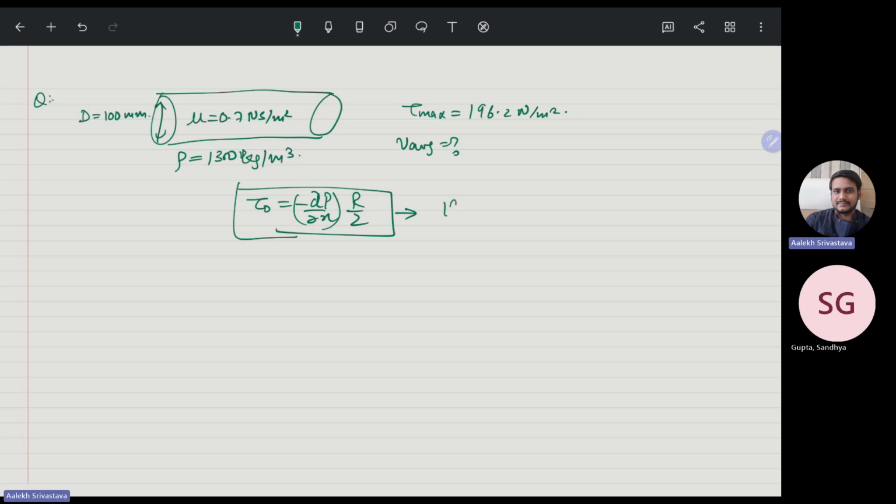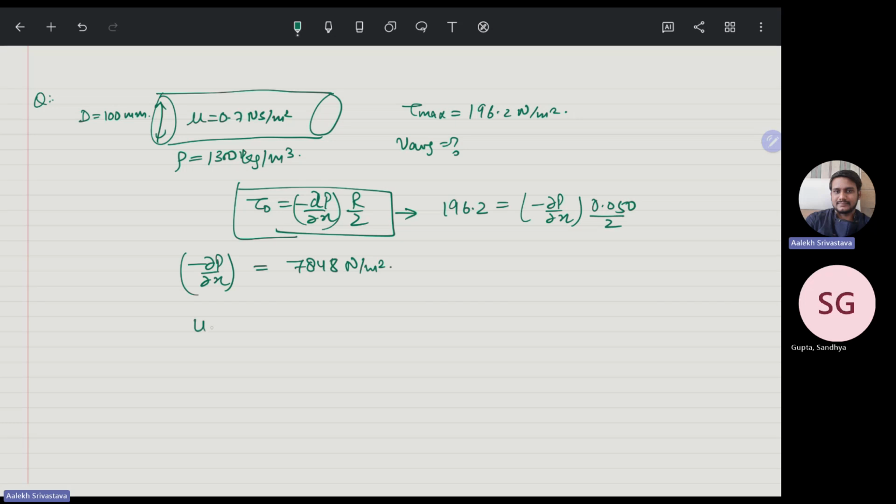So tau 0 is known, 196.2, that is equal to minus dp by dx into r, which is 50 mm, that is 0.050, divided by 2. So you will get dp by dx, that is equal to 7848 Newton per meter square.